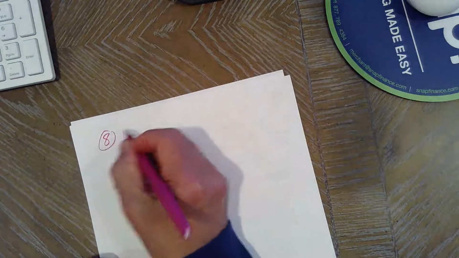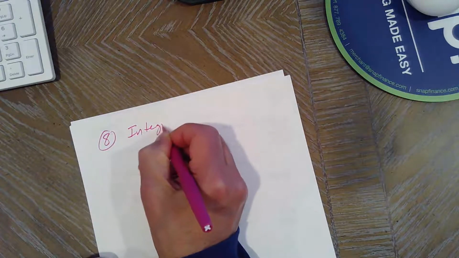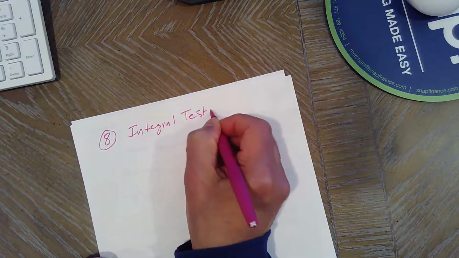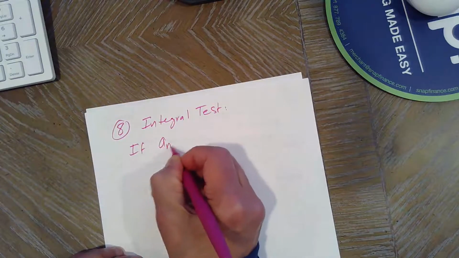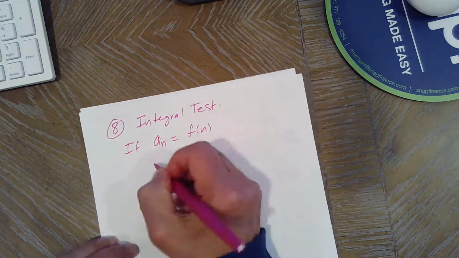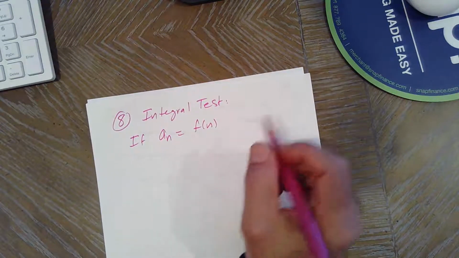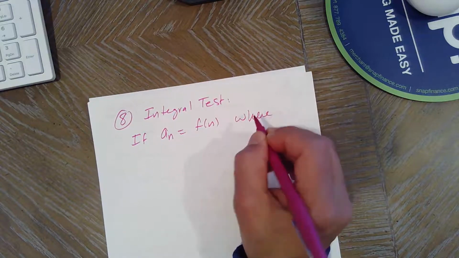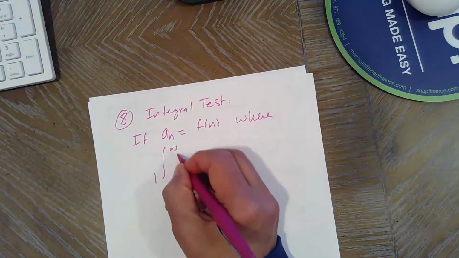All right, the last test that we're going to review is the integral test. So just to remind you, a_n equals f of n. If you can write the function in terms of a sequence, where the best thing here is if you can integrate the function.